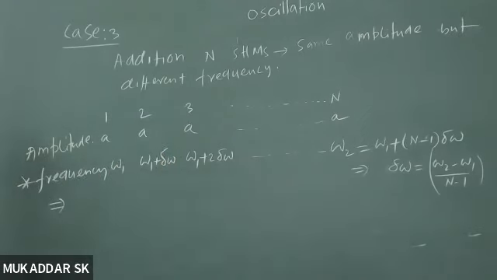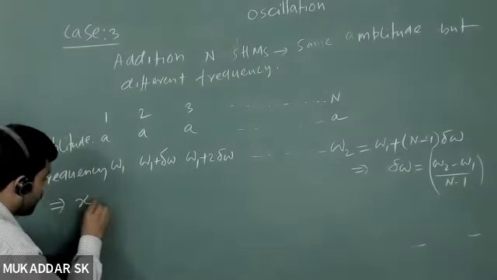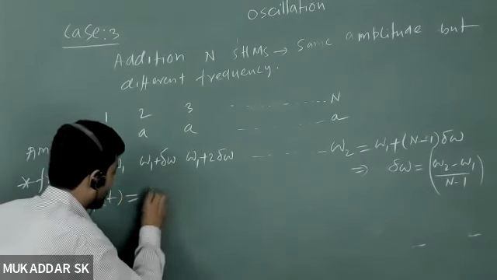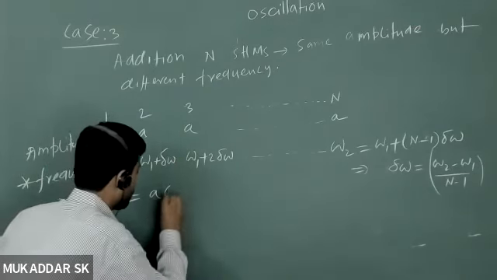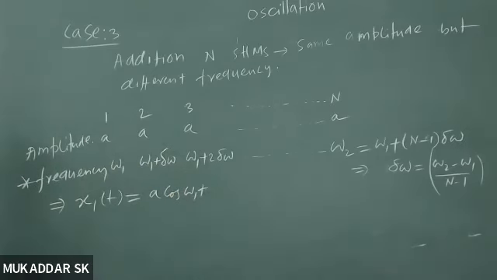So now I can represent their displacement. The displacement of the first oscillator, let us take x1 as a function of t, I can write as a cosine of omega 1 t, right? This time I have assumed that the oscillator started its oscillation from the extreme end.